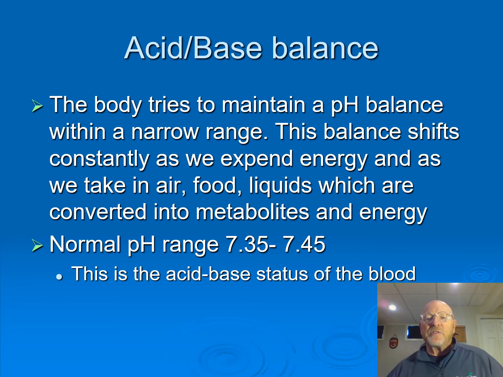Okay, acid-base balance. The body is in a continual state of trying to maintain homeostasis. Homeostasis relative to thermoregulation, homeostasis relative to our patient's fluid and electrolyte volumes. And then another big one is the body's ability to maintain homeostasis relative to the acid-base balance.